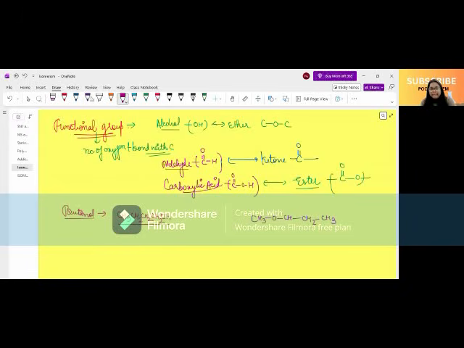So what will be the name of the compound? This is one end. This is another end. So you name this as single carbon methoxy propane. Right?